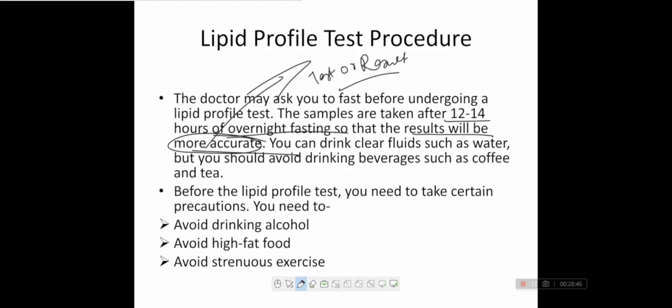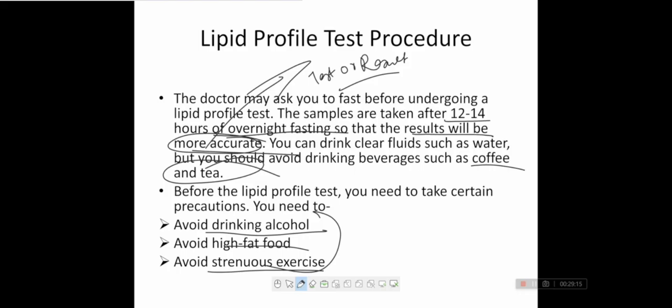You can drink clear fluids such as water, but you should avoid beverages such as coffee and tea. Before the lipid profile test, you need to take certain precautions. You need to avoid drinking alcohol, avoid high fat food, and avoid strenuous exercise. These three things are to be avoided.